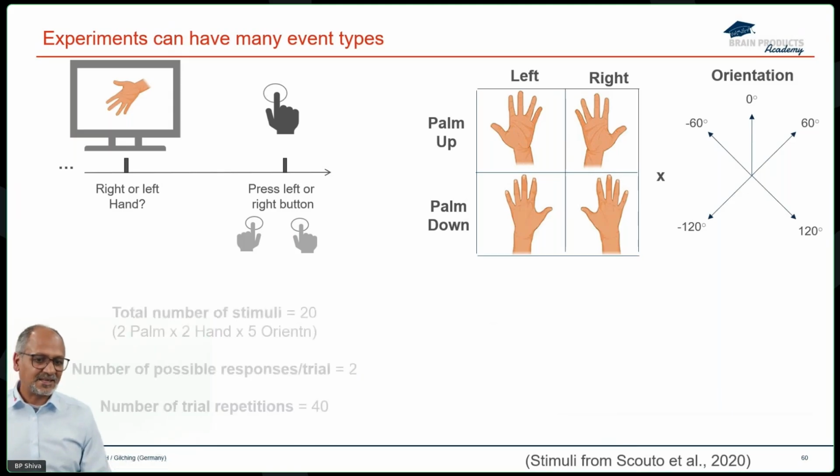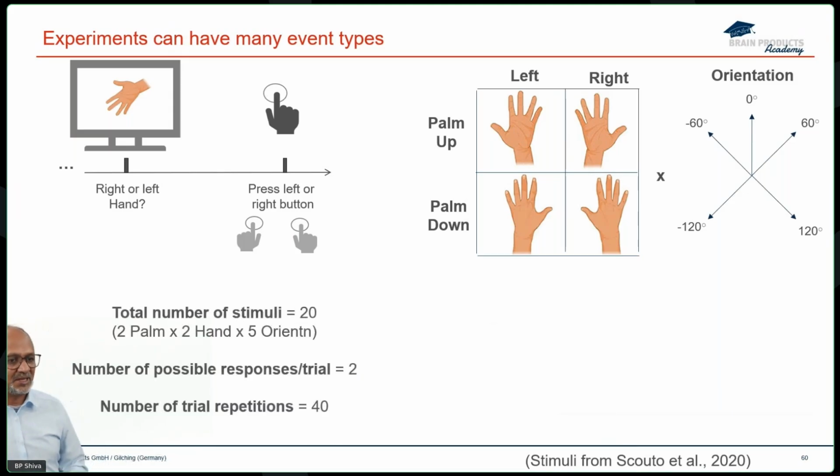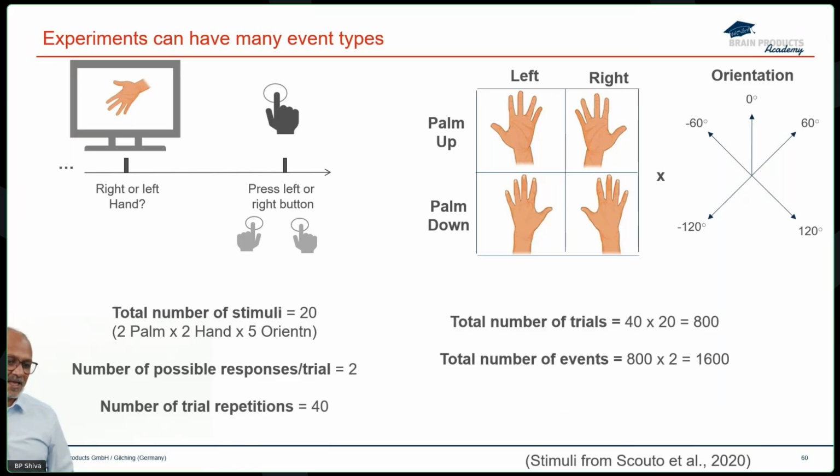So let's calculate how many stimuli. There are 20 possible stimuli here. There are 2 possible responses per trial, right or left, and say each of these trial types is repeated 40 times. So this is 800 trials, and the total number of events is 1600, which is much larger than 255, but this is the number of events.